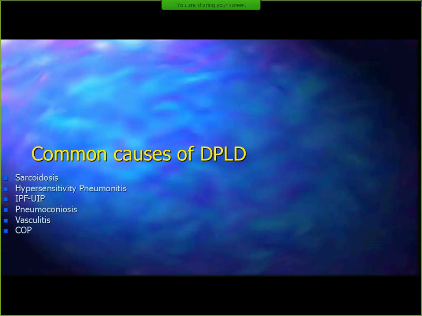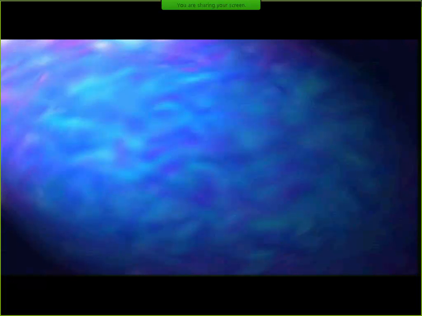So common causes of diffuse parenchymal lung disease: sarcoidosis, hypersensitivity pneumonitis, idiopathic pulmonary fibrosis, which has a usual interstitial pneumonia pattern, a pneumoconiosis that you could probably get from the history, the vasculitis, and cryptogenic organizing pneumonia. Those are common causes.